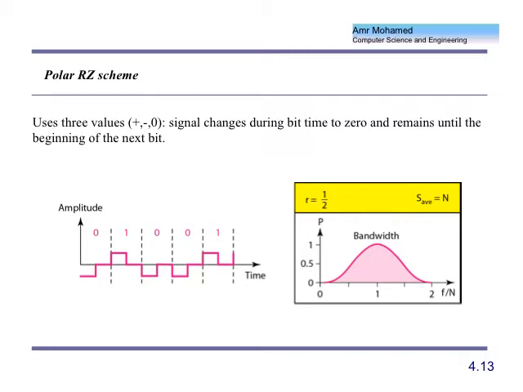The advantage is that I inherently added some timing information, right? So this change will help the receiver recognize that this is the middle of the bit. So the receiver now will rely on one extra piece of information in addition to its own clock.